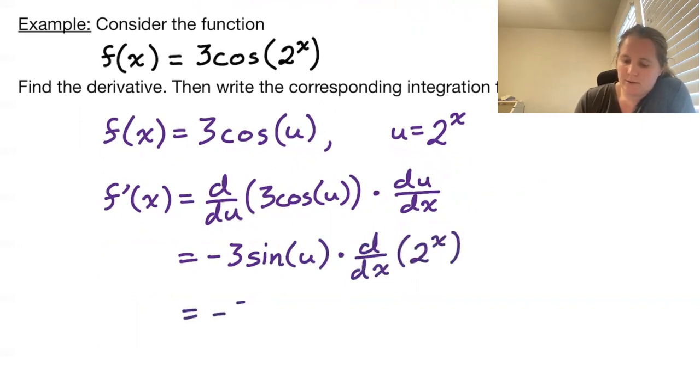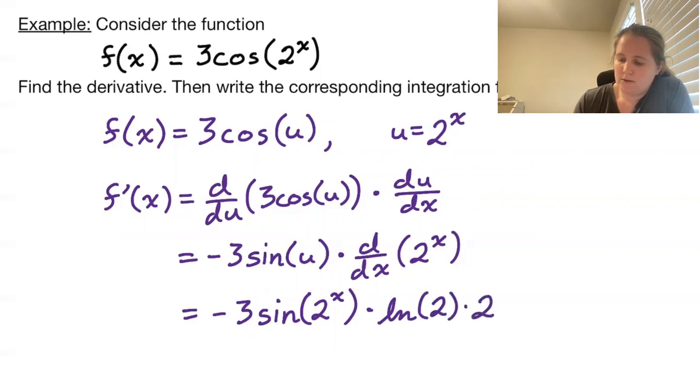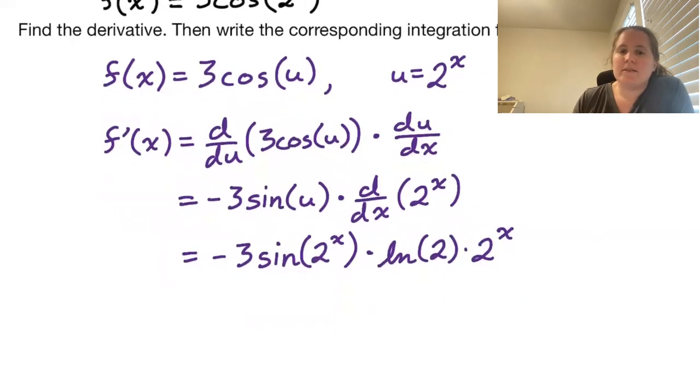And this becomes -3 sine of 2 to the x, plugging back in our 2 to the x, times the natural log of 2 times 2 to the x. So this is our derivative fact.